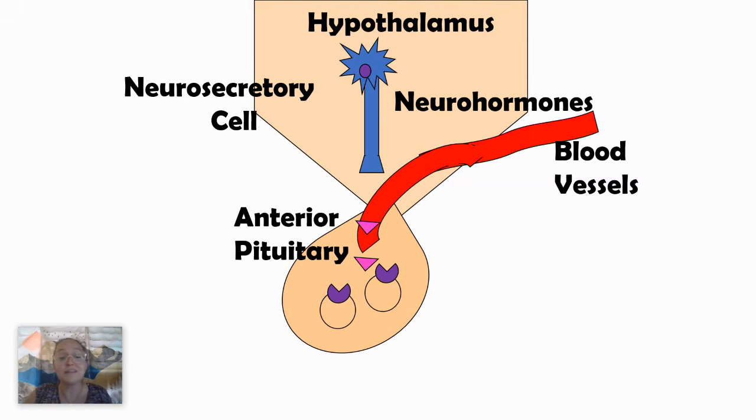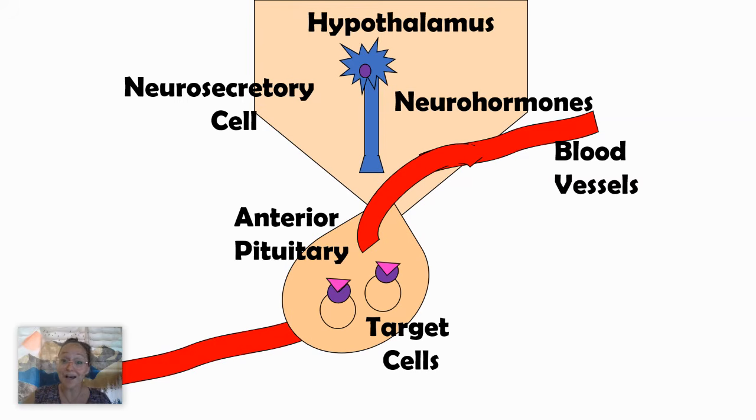They're hormones. They'll attach to receptor proteins. Now here we have the target cells. You can see how the ligands will attach. Now their cell response in the anterior pituitary is to send out their own hormones. So here we have some anterior pituitary hormones that will travel in the bloodstream to their target cells.